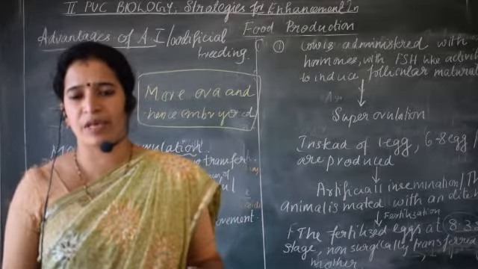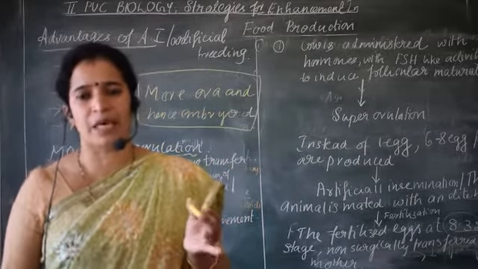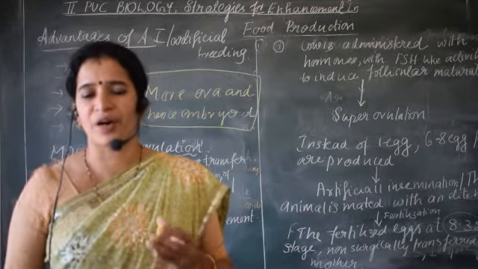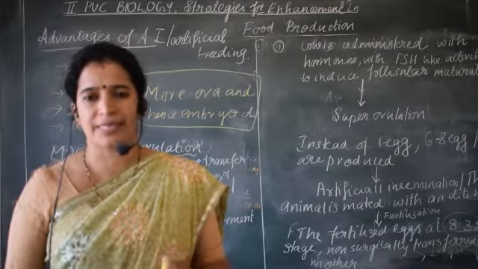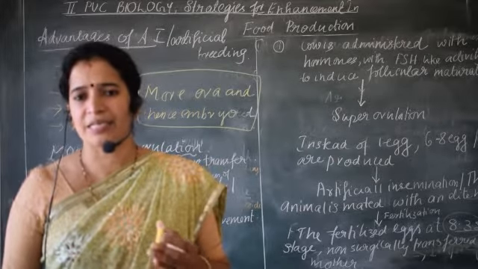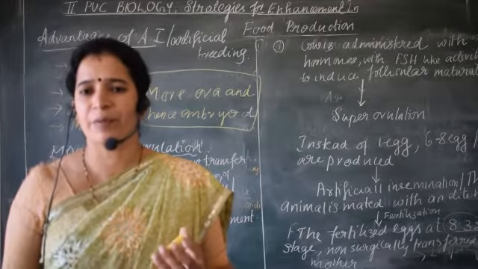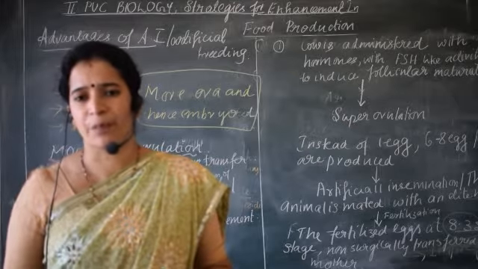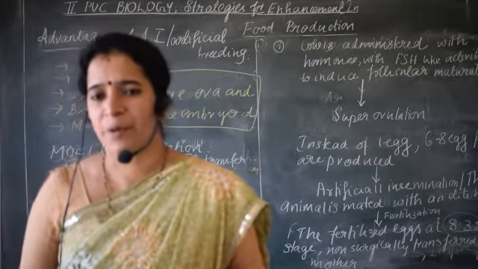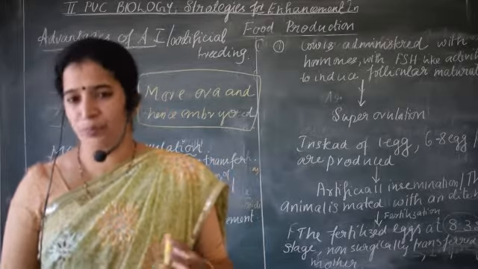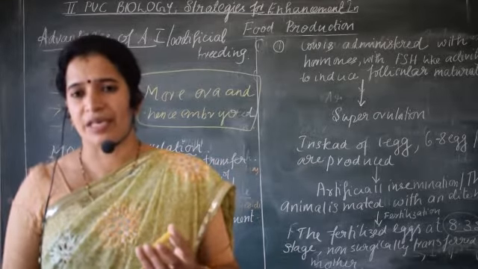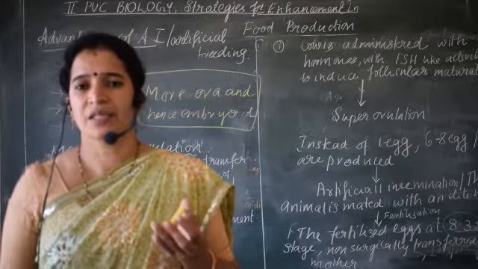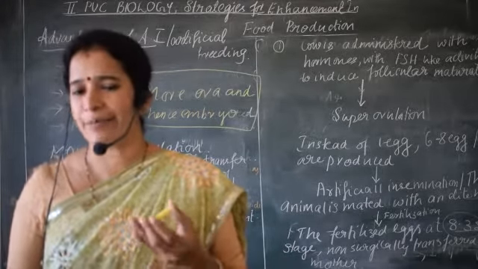In the beginning we have learned how the poultry farm and dairy farm management is done, where the rearing and breeding of poultry birds as well as cattle are done in a scientific manner by giving proper shelter, proper nutritive food, and giving the food on time. So beekeeping or apiculture as well as pisciculture, or we can also call it fisheries, this also forms a part of animal husbandry.